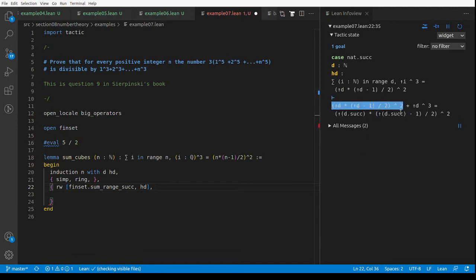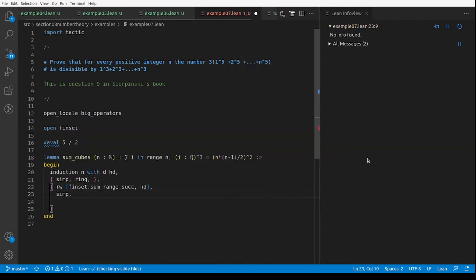Now we've got some mess, but the ring should do this, except I don't think ring can do it because we've got d.succ. So if I do simp first, and now try ring, there we go. That's done some cubes.